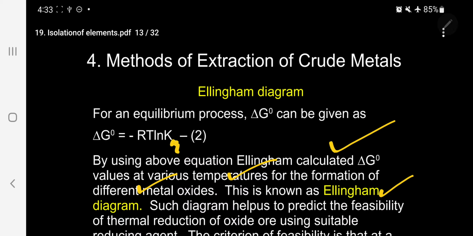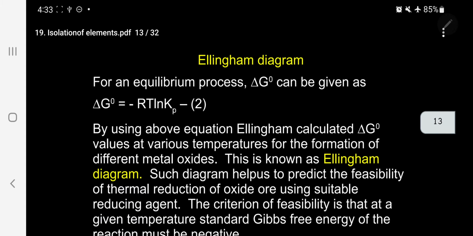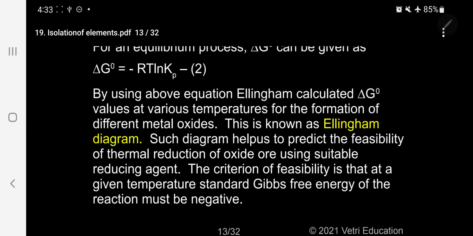Such a diagram helps to predict the feasibility of thermal reduction of an oxide using a suitable reducing agent.